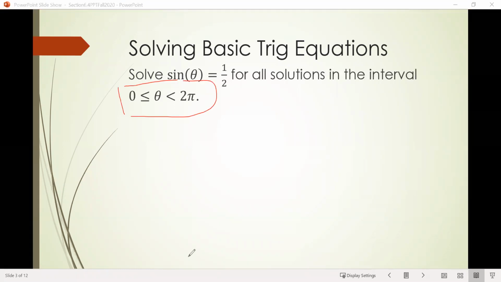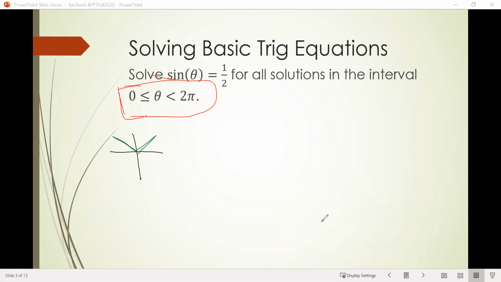All right, so notice right here, we're asked in the interval 0 to 2 pi, and on the unit circle, right? So we're thinking about where is sine positive, which again is in the first and the second quadrants.